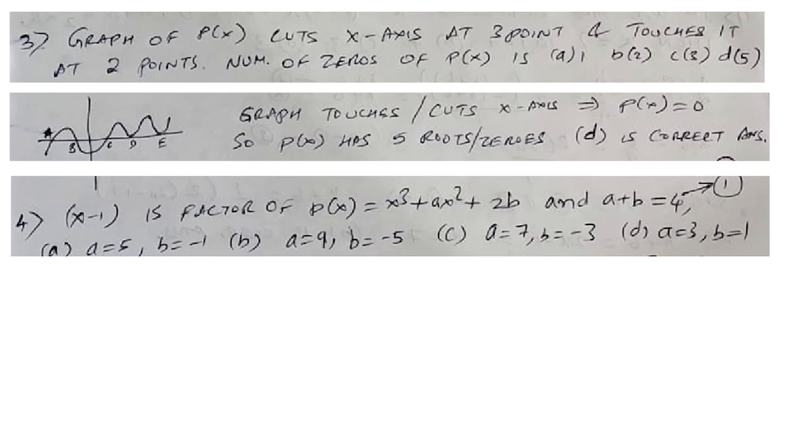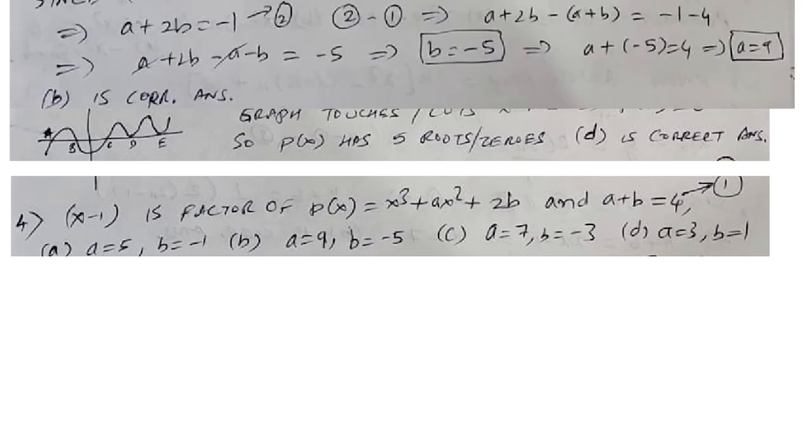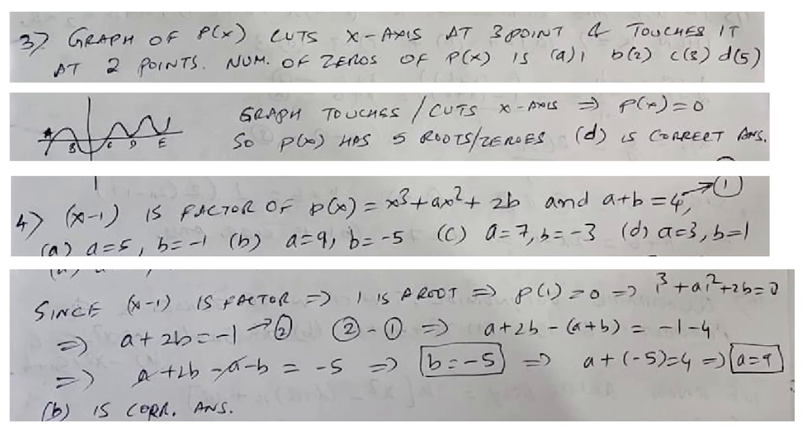If x minus a in general is a factor of p of x, then a is a root of p of x. So p of 1 must be 0. Substituting 1 for x, we get 1 cube plus a into 1 squared plus 2b equal to 0. That implies a plus 2b equal to minus 1.